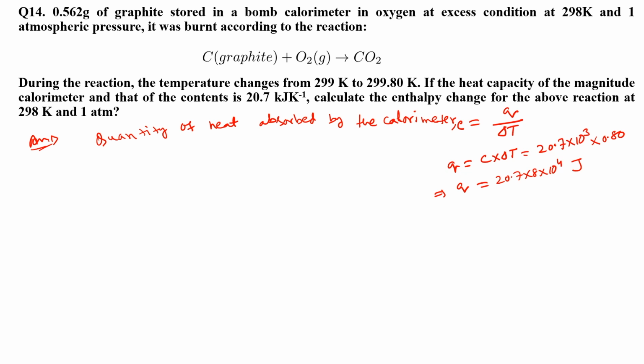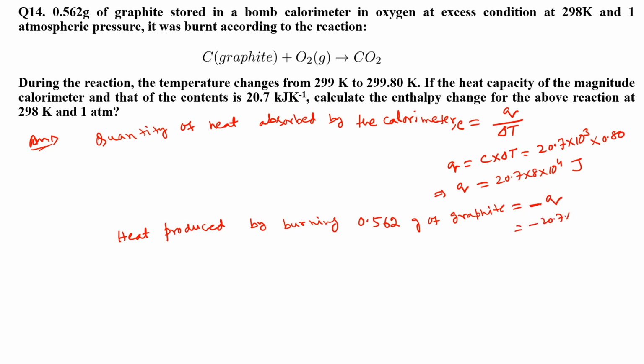Now, heat produced by burning 0.562 gram of graphite is minus of Q. Okay, so you get minus 20.7 times 8 times 10 to the 4 joules.